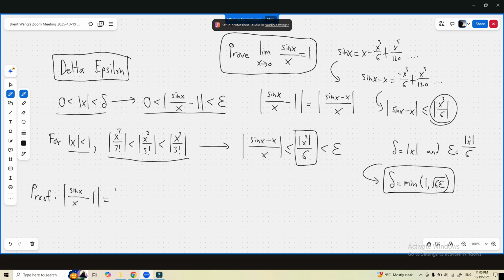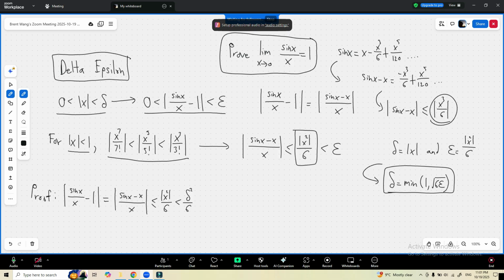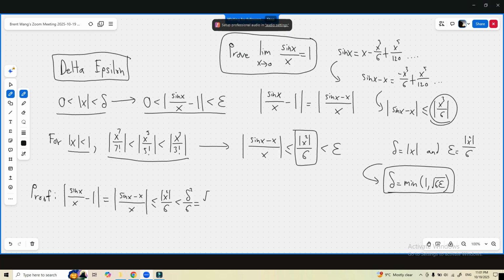We showed that this is equal to absolute sine x minus x divided by x, and that this is less than or equal to absolute x squared over 6, and this is less than delta squared over 6. We know what this is equal to. This is equal to the square root of 6 epsilon squared over 6, which is in turn equal to epsilon. So we got it right. Our limit is correct.